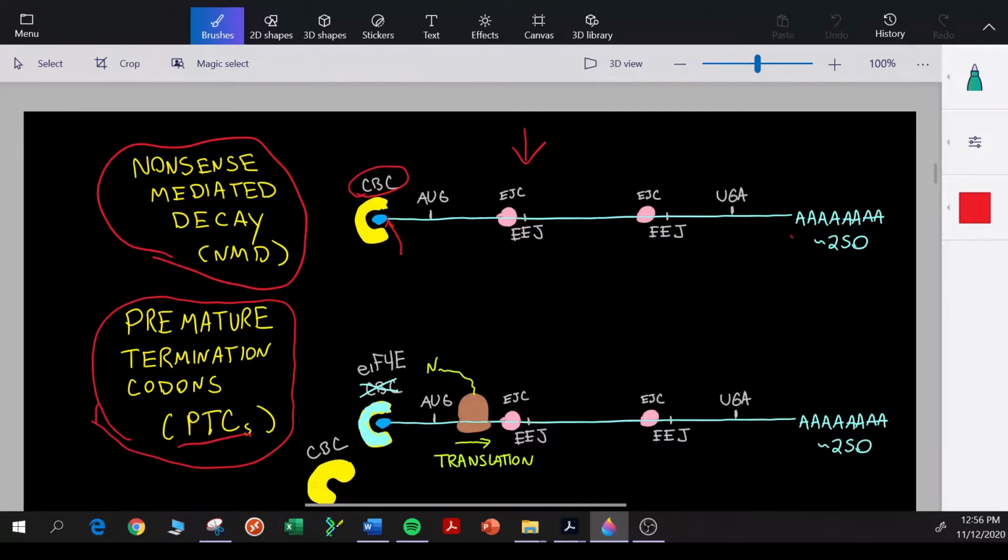We have a poly-A tail, which is about 250 nucleotides long on messenger RNAs in humans. We have a start codon, a stop codon, and these EEJs, exon-exon junctions. And these pink things are installed 20 to 24 nucleotides upstream of the EEJ. These are exon junction complexes.